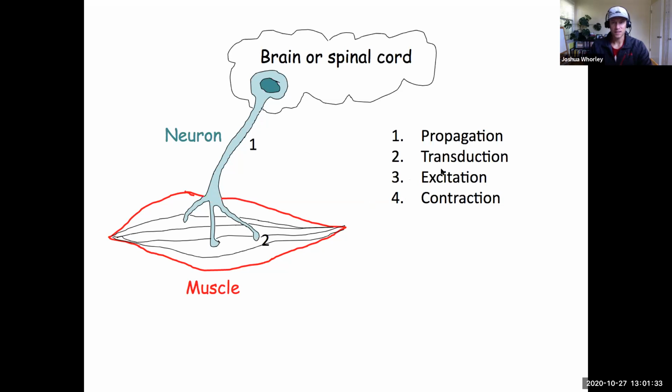Once we've done this transduction step and we now have a chemical message moving from this neuron to this muscle, how does that chemical message excite that muscle? How does it pass on the stimulation of this neuron to the stimulation of this muscle? And finally, how does that excitation of this muscle cell lead to a contraction of this muscle cell?